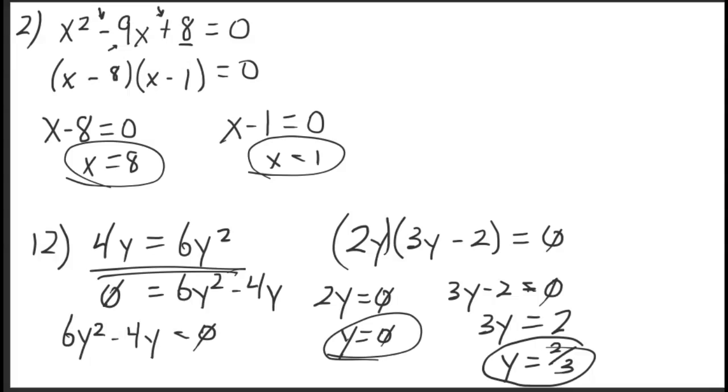So remember, we're always trying to set the equation equal to 0, and then we can take the factors and set each factor equal to 0. All right, so your assignment here is to do numbers 1 through 25 odd on page 136.